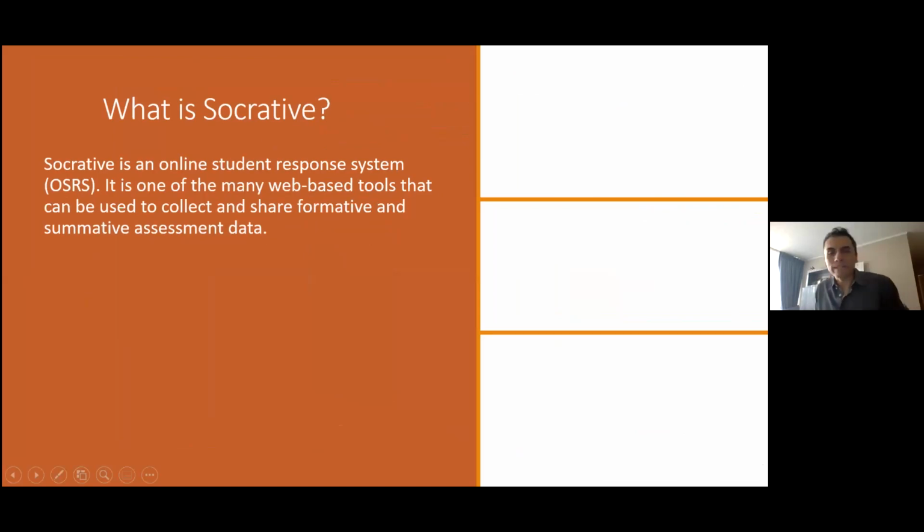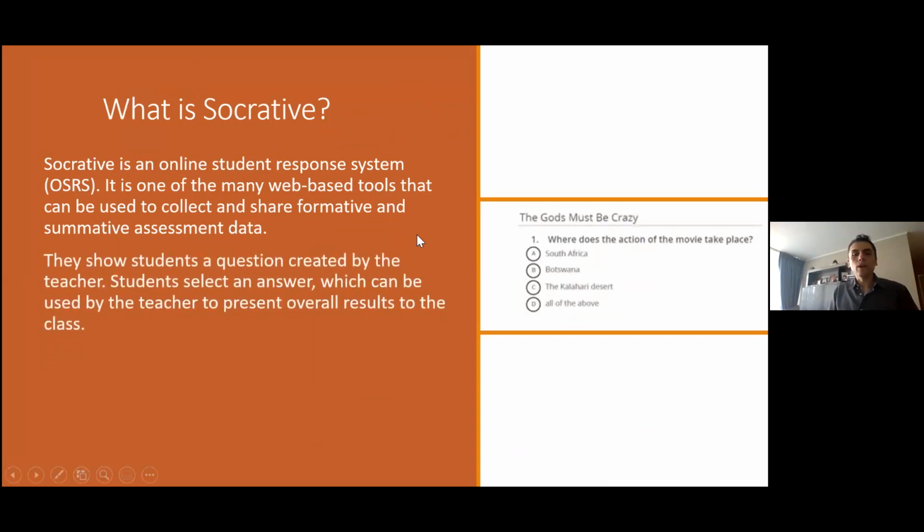So what is Socrative? This is an online student response system. It's one of the many web-based tools that teachers have to collect and share formative and also summative assessment data. In this case, we're focusing more on language assessment data. So how do they work?